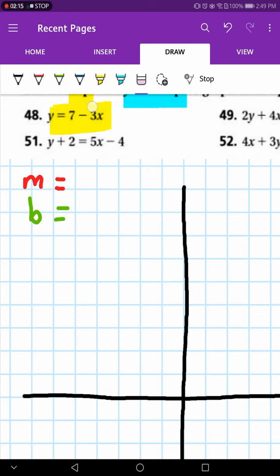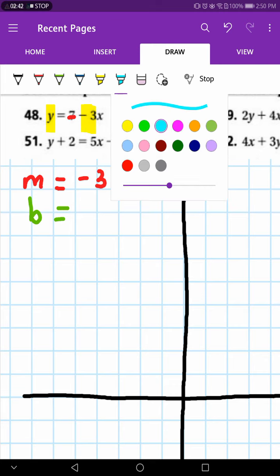But after that you have to check the equation, that the y is alone and b is on one side. In this case I can take the m and the b easily. So this is the m, negative 3, and this is the b, the number that comes alone. This is 7.